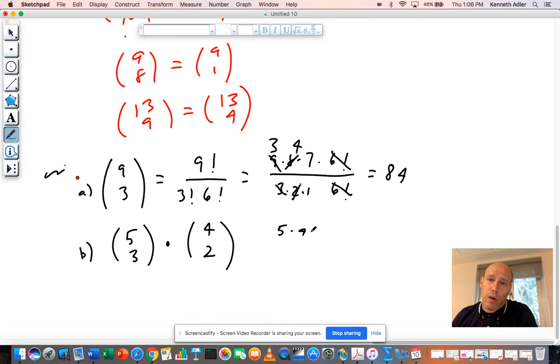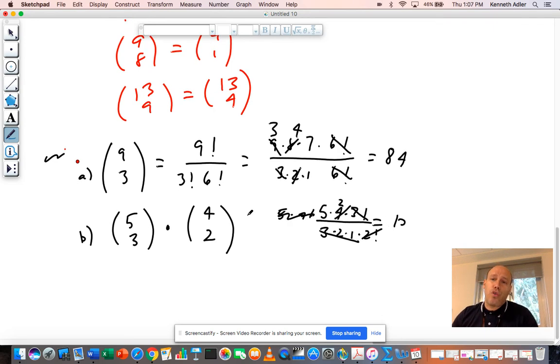5 times 4 times 3 factorial over 3 times 2 times 1 times 2 factorial. That goes out with that. This goes out with this, leaving me with 2. This is 10.